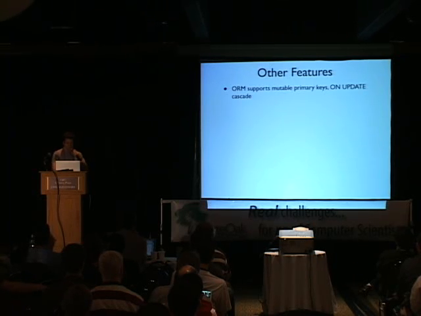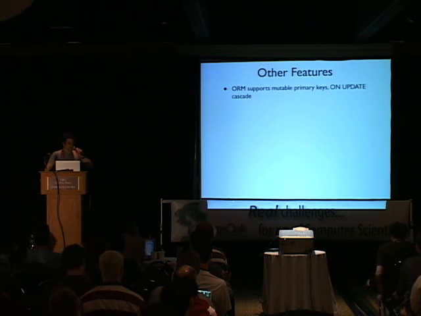Other features. We now allow you to change the primary key of an instance and flush it, and it will do the right thing, including if you need to use on-update cascade. Databases that support it will work, and databases that don't support it, such as SQLite, we will do the on-update cascade in Python for you, with less efficiency because we need to load in all the rows that match the old primary key.